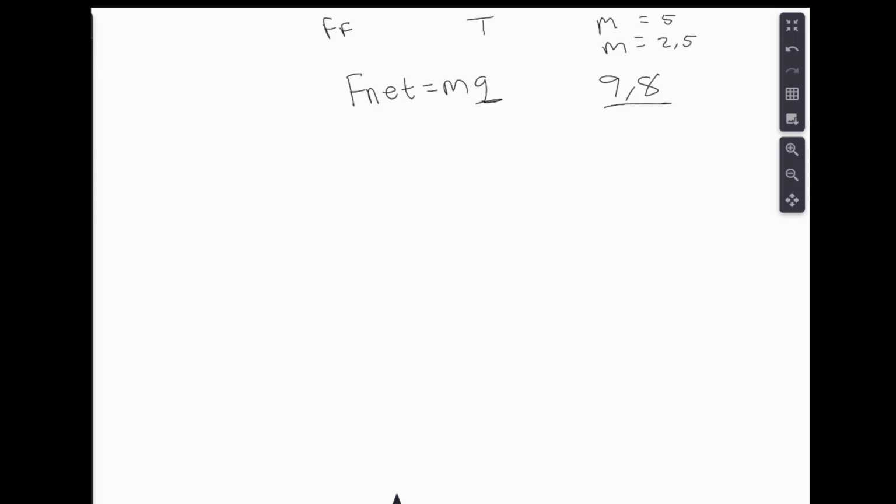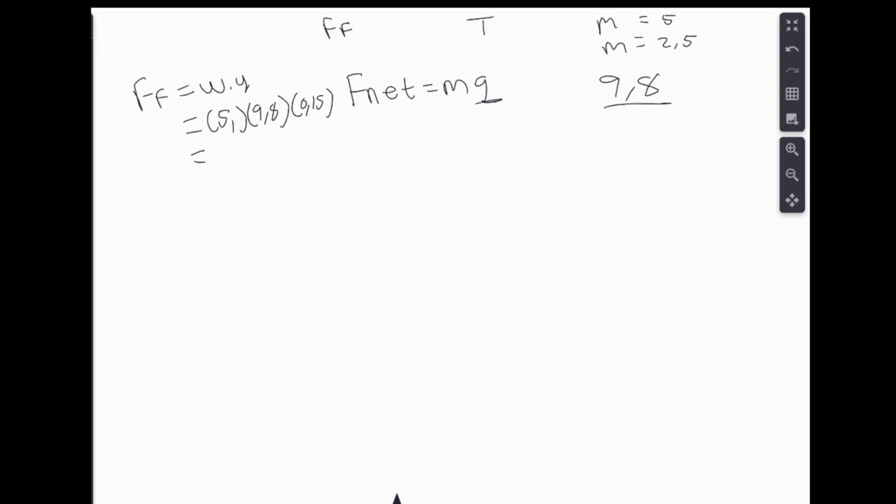Okay, we can say that frictional force is equal to weight times the coefficient of friction. We have 5 kg times 9.8 times 0.15. We can get the frictional force. So it's 5 times 9.8, which is the weight, times 0.15.